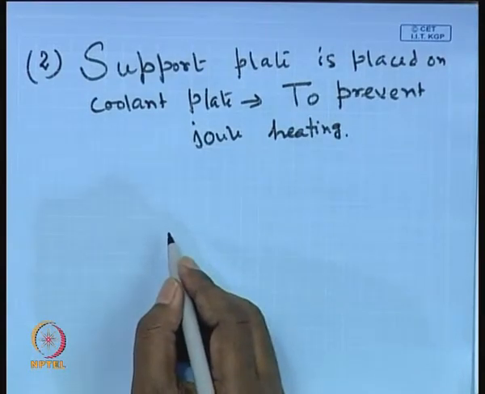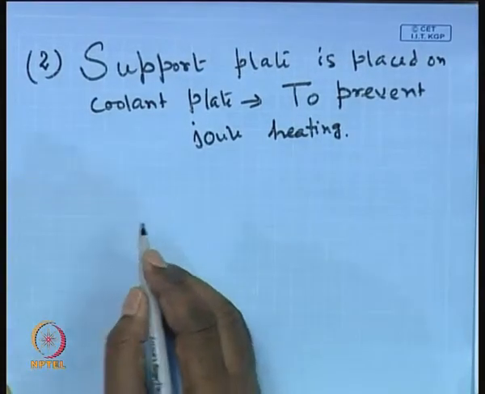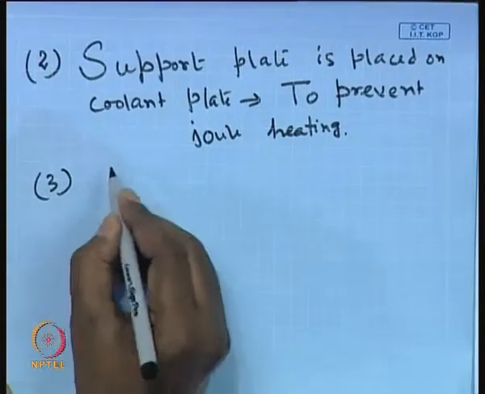The gel layer should be about 5 millimeter for better heat dissipation. That is a typical dimension.